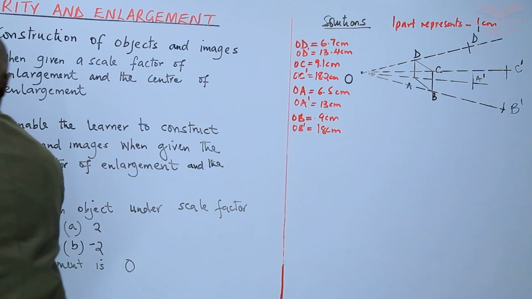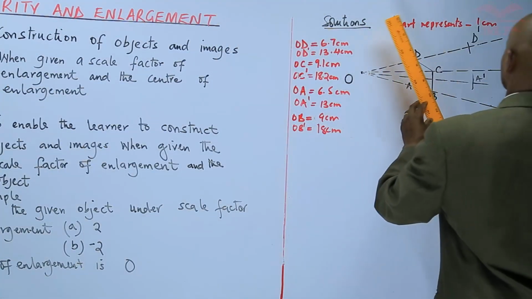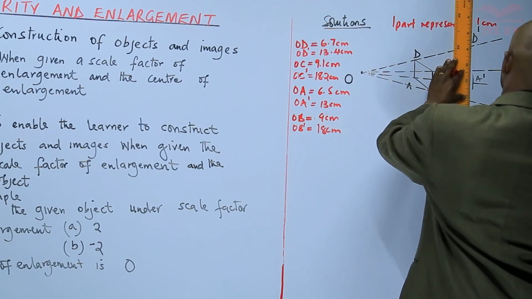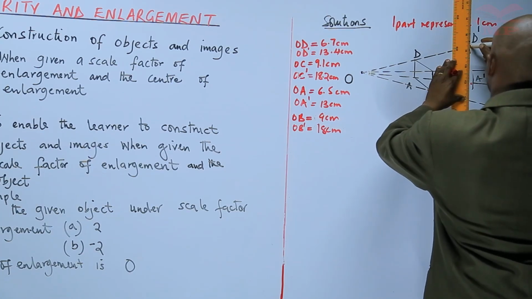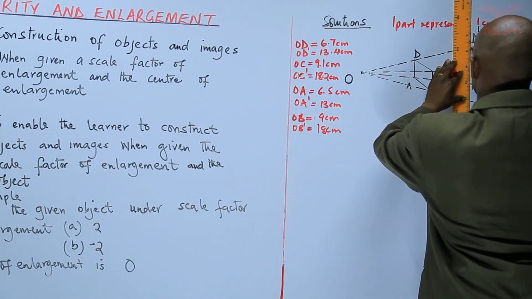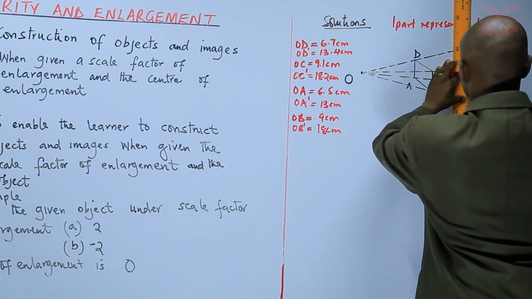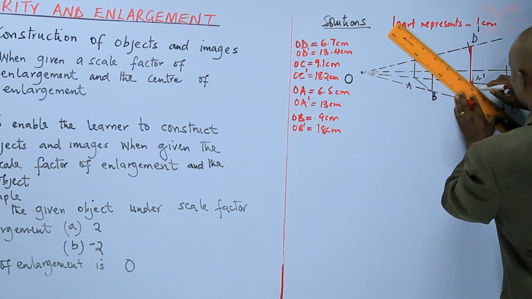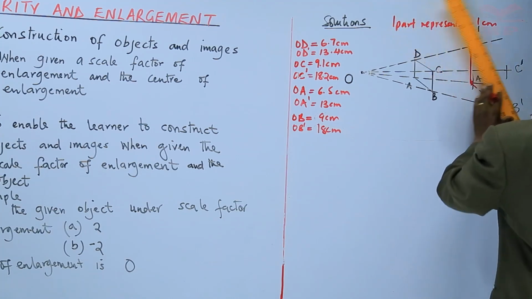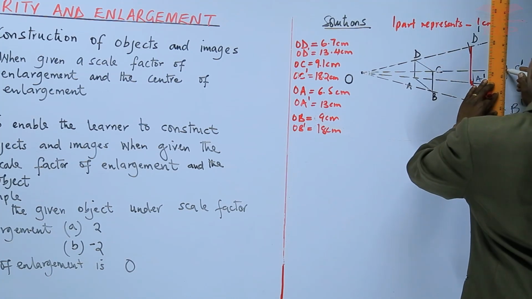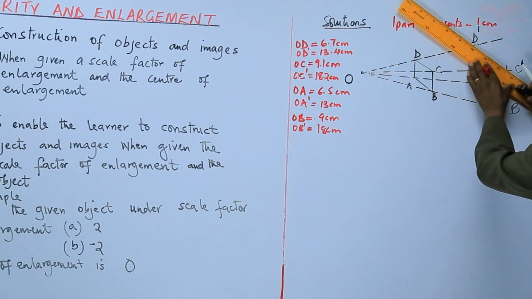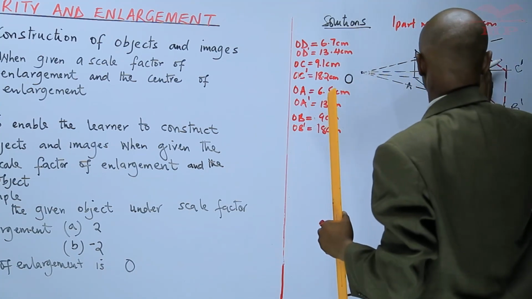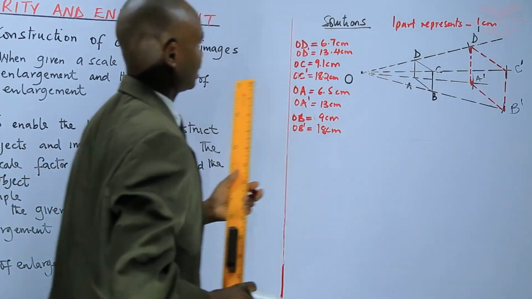Join the vertices to create your image. So learner, that is the image of A, B, C of that object under that enlargement.